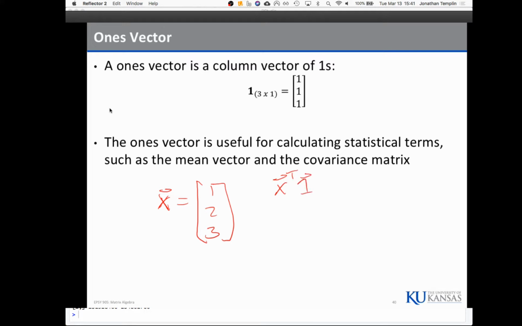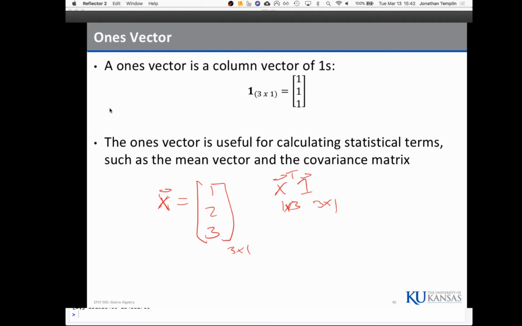So again, x is a 3 by 1 column vector. You can think of it as 3 observations. If we take the transpose of it, it would be a 1 by 3 matrix, a row vector. So we need to multiply that by a 3 by something to make the multiplication work.